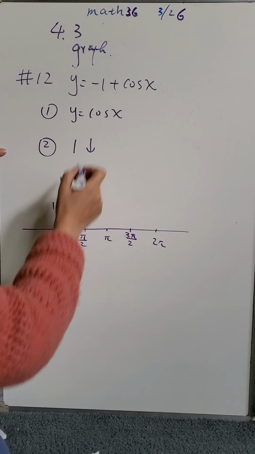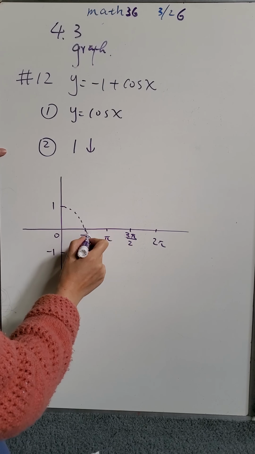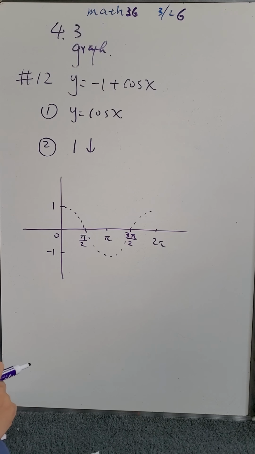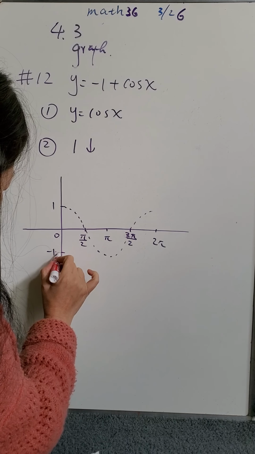And the cosine graph is going to be like this. Now you're going to shift 1 unit down. So do the shifting. I'm going to use red. Because everything is going to come down by 1 unit, don't forget the x-axis points also come down by 1 unit.